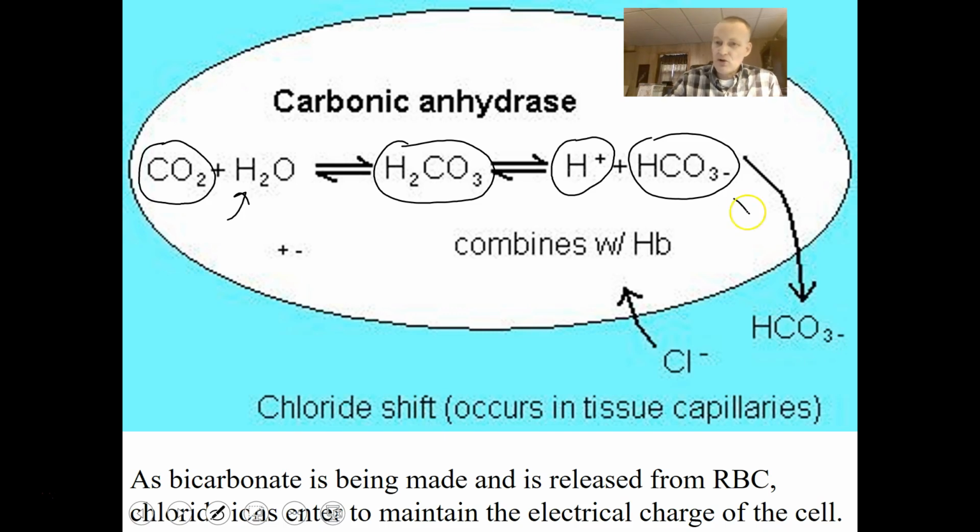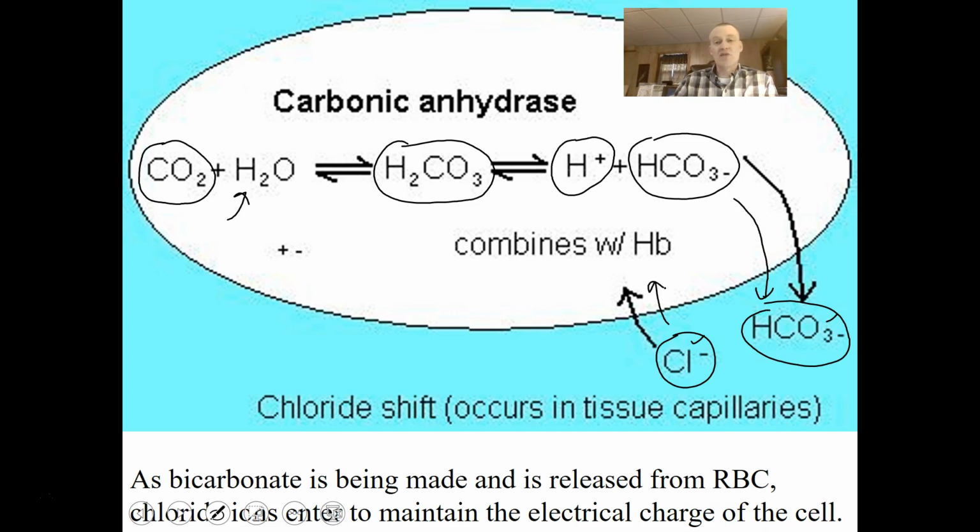To get rid of that large molecule, we have this thing called the chloride shift. We shift out bicarbonate and put it into the plasma of the blood. And to make sure that nothing electrically changes, since we're getting rid of a negative and bringing a negative in, we basically bring chloride ions into the blood cell. So that basically is a safety mechanism.